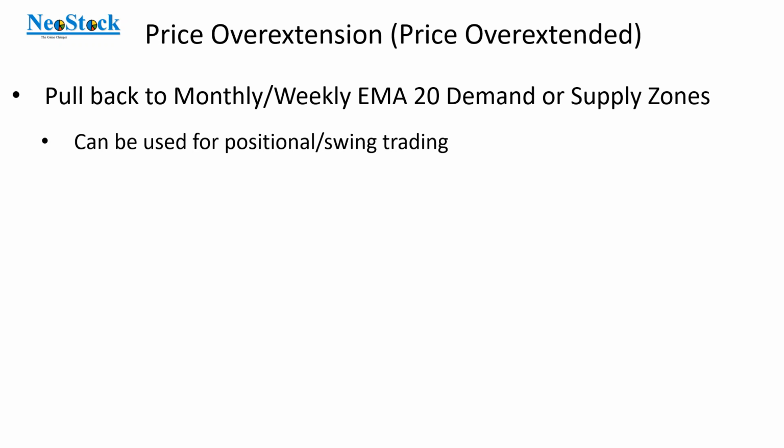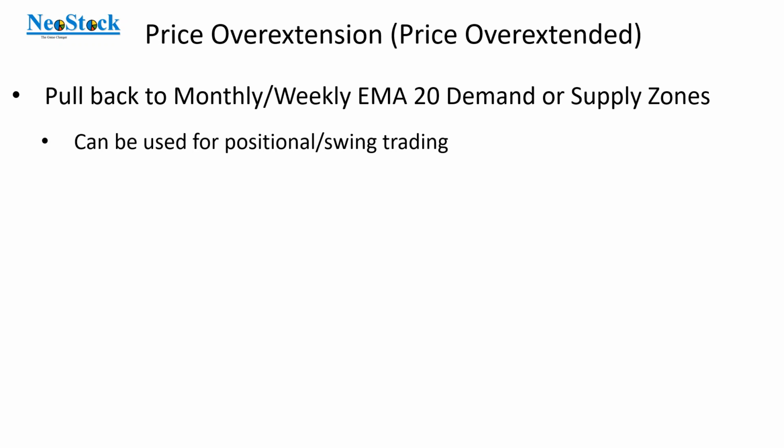So you have to do it in a bull market; the market should be bullish. The trend should be bullish. But overextension has to be completed on the monthly time frame or weekly time frame. It will be completed the moment prices reach the monthly demand zone on the monthly chart or weekly demand zone on the weekly chart. And those zones should have confluence. Which confluence? Monthly demand zone confluence if it is a monthly chart, or weekly demand zone confluence.